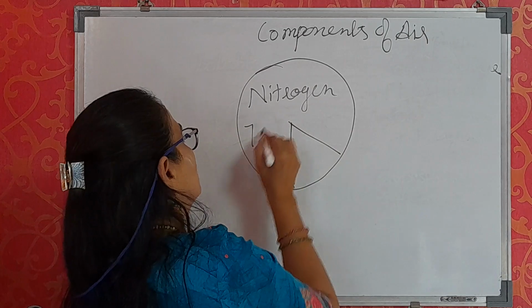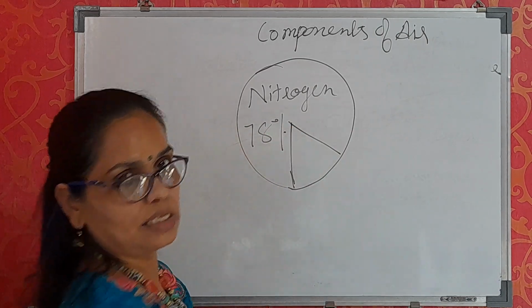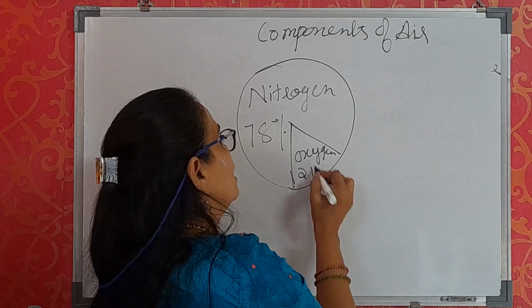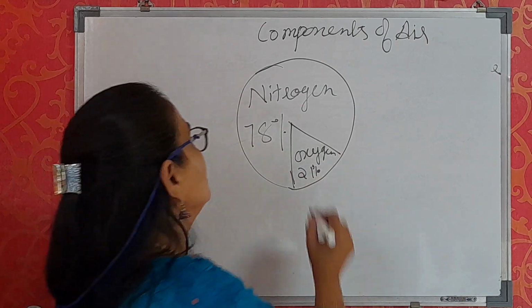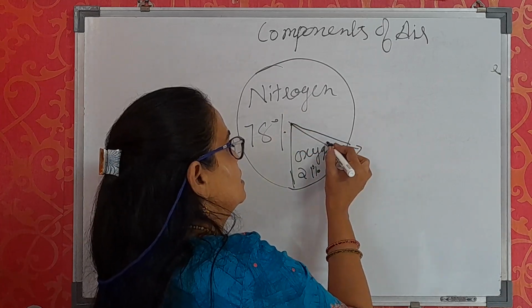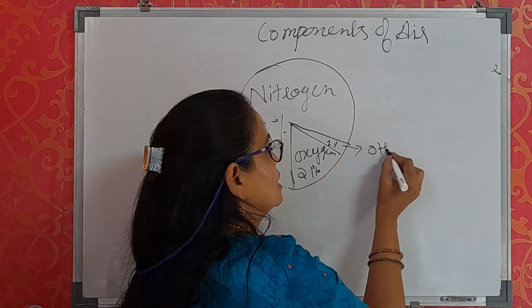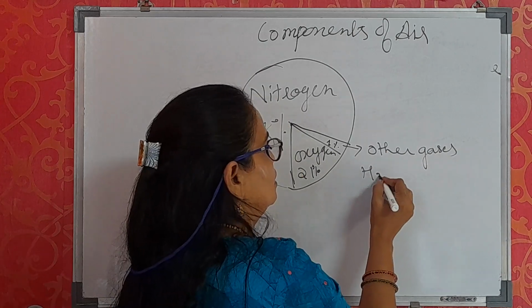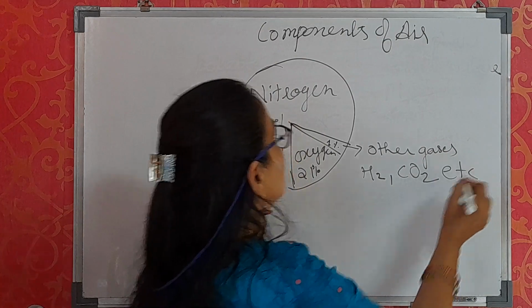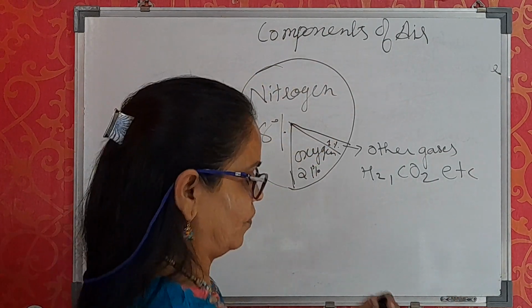It is 78%, right? And oxygen 21%. And the remaining 1% is other gases like hydrogen, carbon dioxide, etc. Right? So these are the components of air.